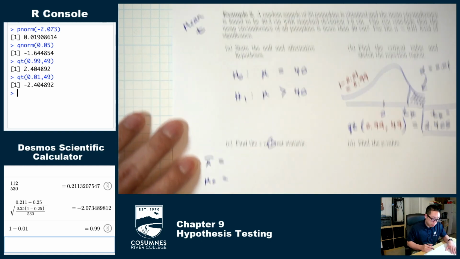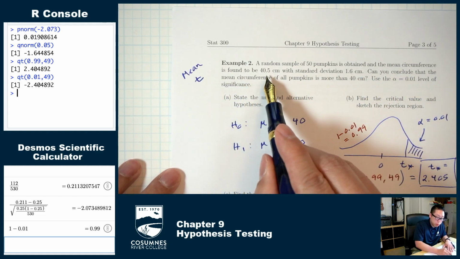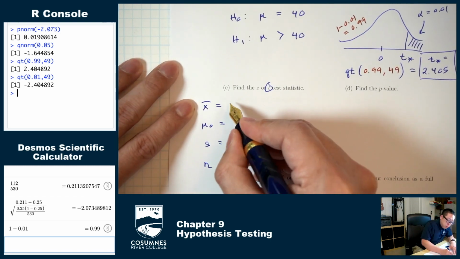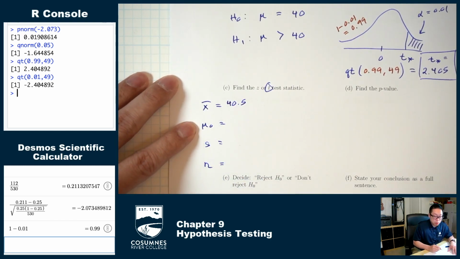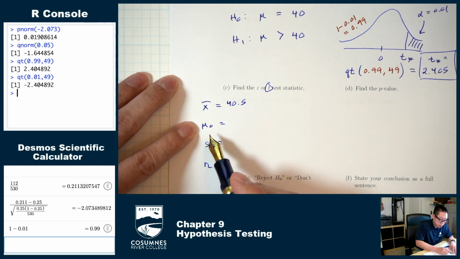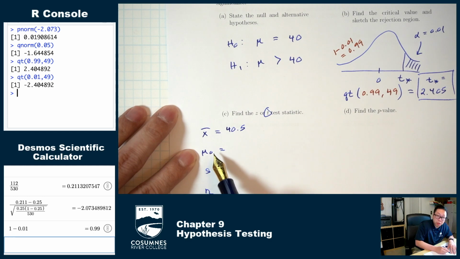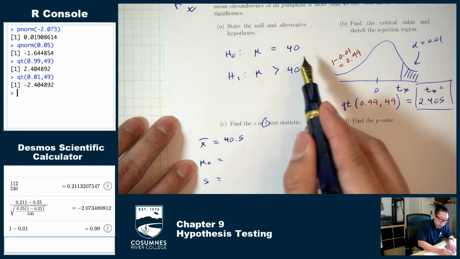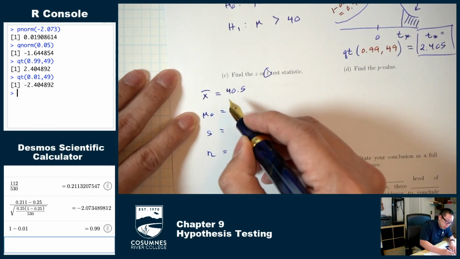So from our sample, a sample of 50 pumpkins, the mean circumference is 40.5. X bar is 40.5. Mu 0 is the mean that you use in H0. So the 0 refers to H0. So look at H0 and whatever you use there, that's mu 0 or P0. In H0, we use 40.